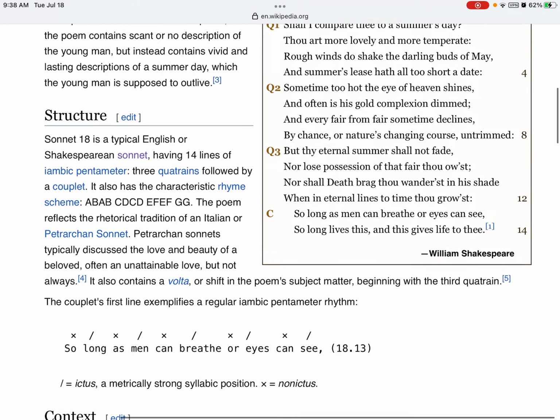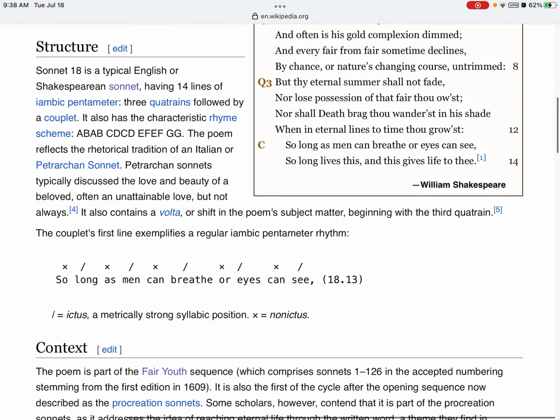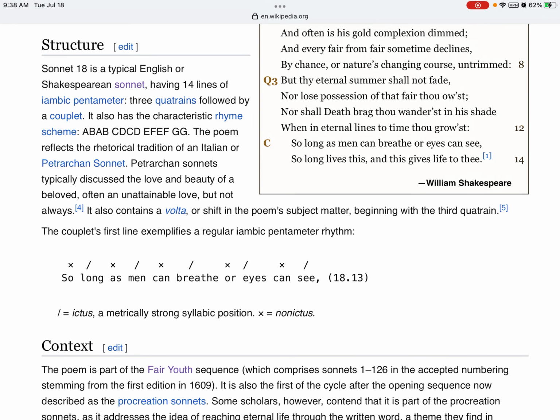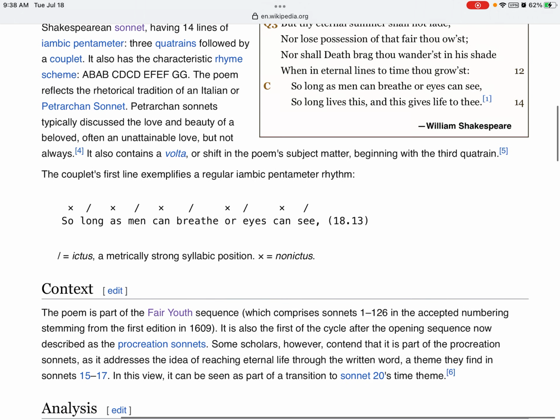I'm not going to go into the poem in detail. I'm going to stay with the notion of the sonnet and the structure of the sonnet, because that's what Neruda is playing with.